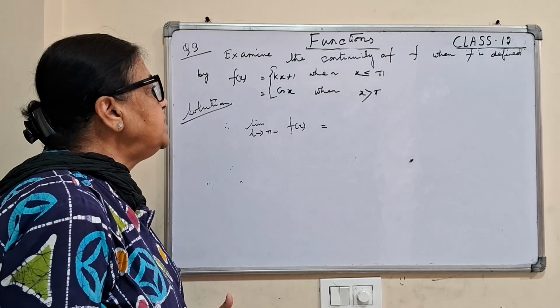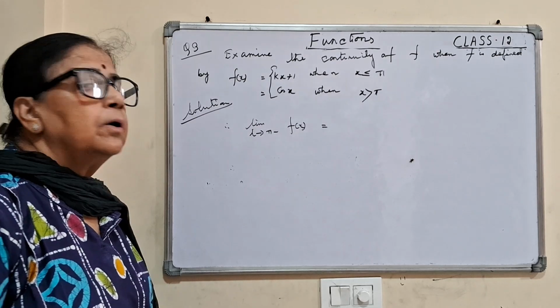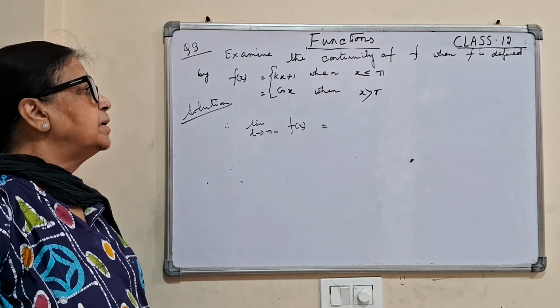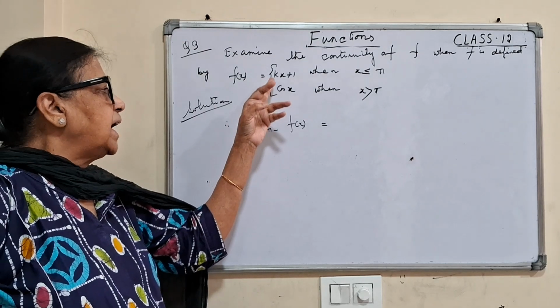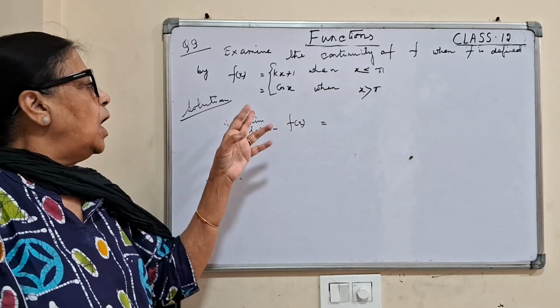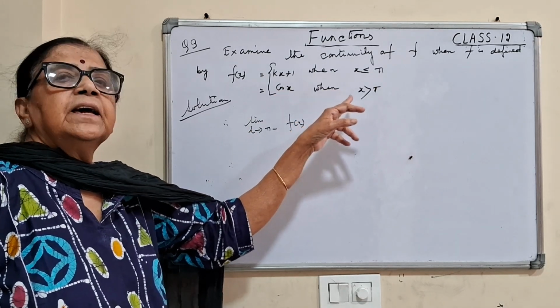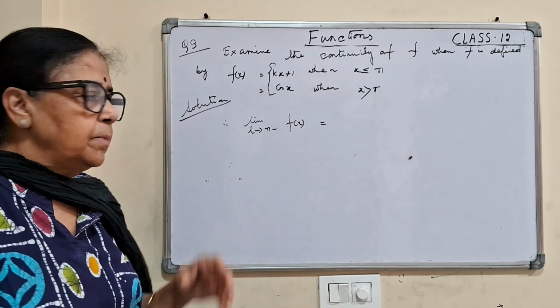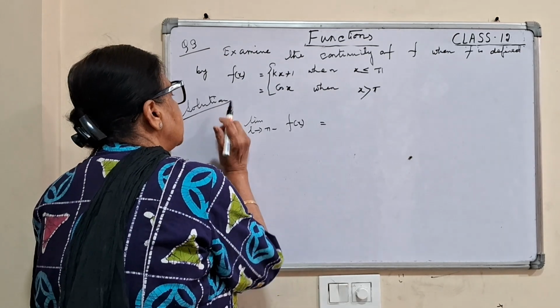Now examine the continuity of f when f is defined by f(x) is equal to kx plus 1 when x is less than or equal to pi, or cos x when x is greater than pi. So I will find out the left hand limit.